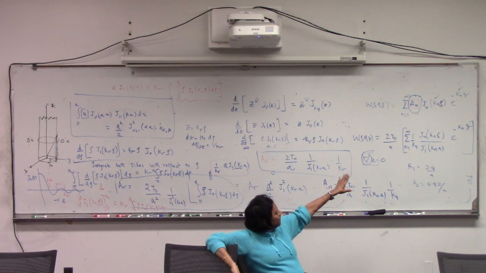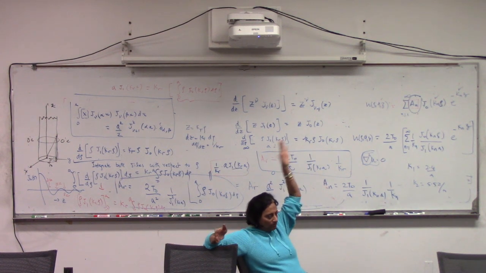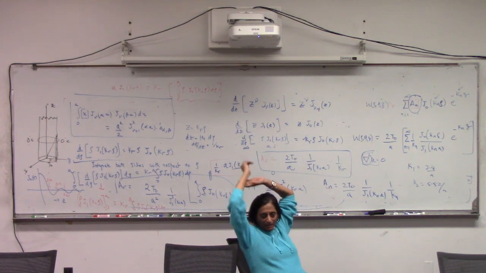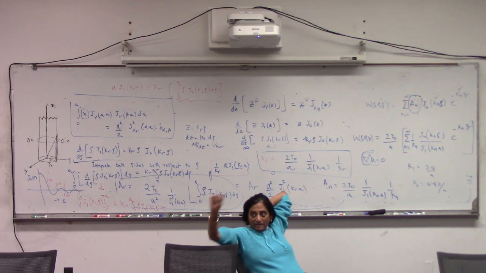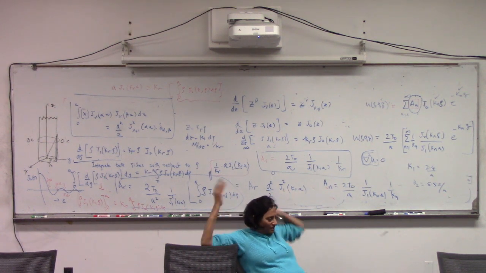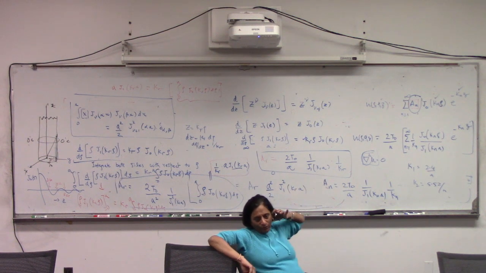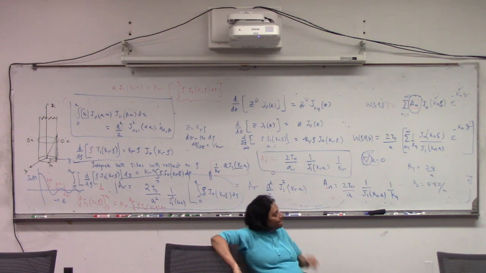Once you know that, you can at least try to calculate the coefficient by multiplying by a Bessel function of different order, integrating both the right hand side and left hand side, and extracting out the coefficient. That's the typical trick that you do. But if it's Cartesian coordinates, we can do it by Fourier series or Fourier transform. That will be a little bit easier. But other coordinate systems are going to be pretty messy.